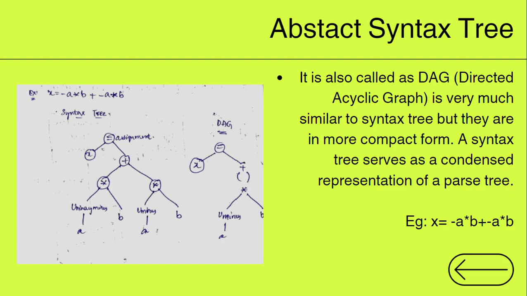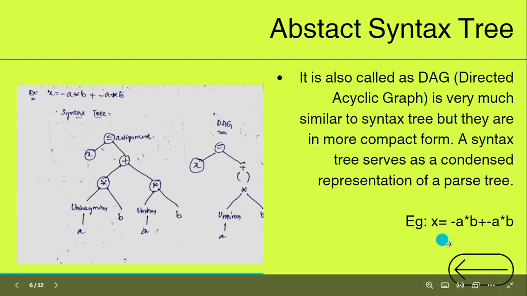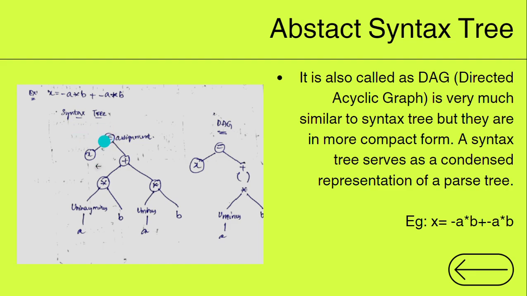As per the definition, let us see an example so that we can understand it clearly. X is equal to minus a into b plus minus a into b. In the example picture, the syntax tree is x is equal to plus; we split the graph according to the operators and operands.